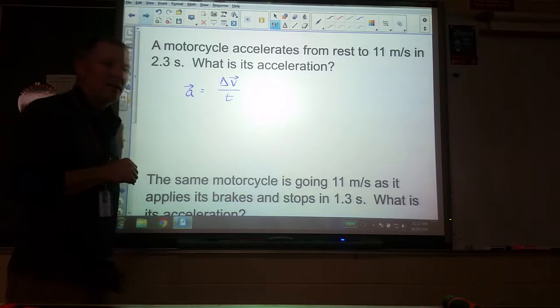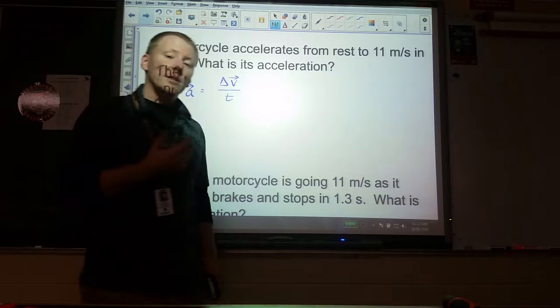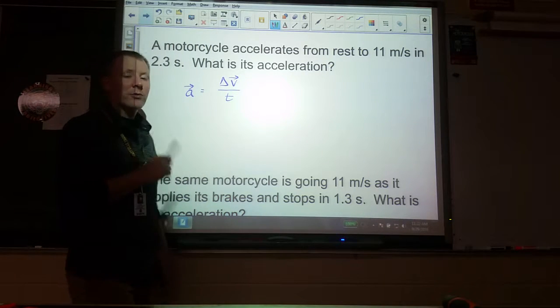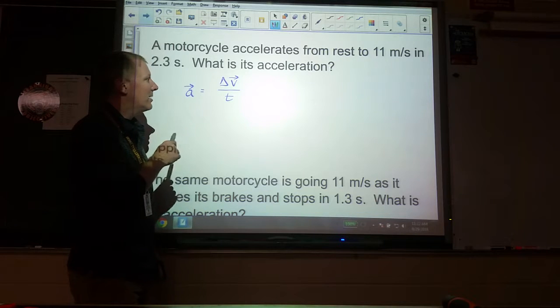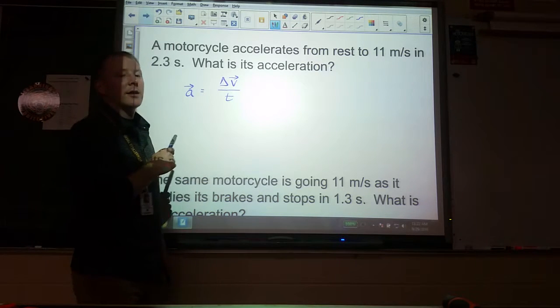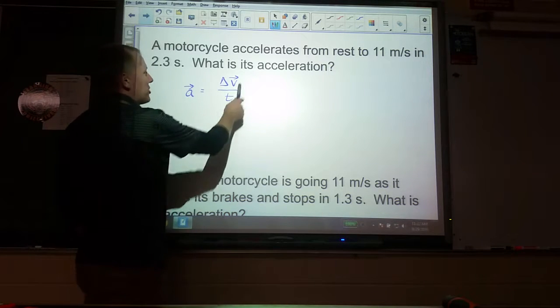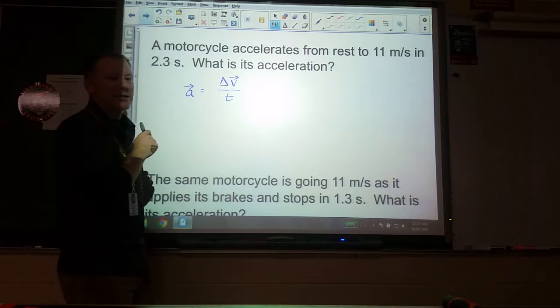And recall that velocity is a vector itself, so it's got a magnitude, how fast it is going in this case, and a direction. So be thinking about how something with a magnitude and direction could change. Any change in velocity means that there is an acceleration.